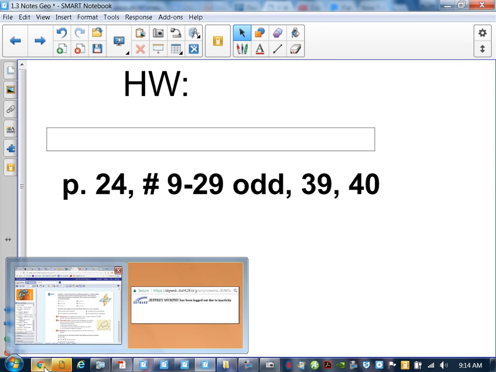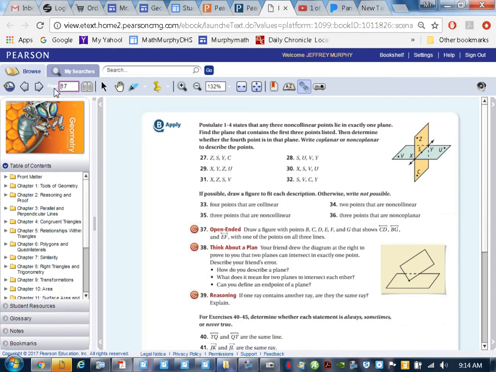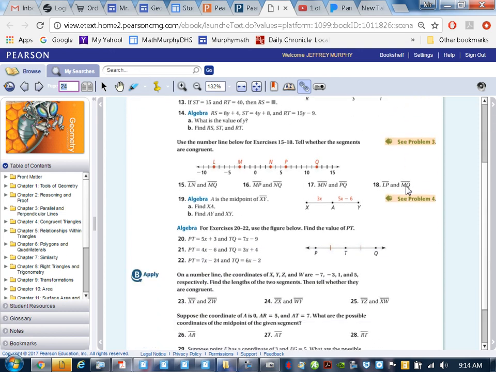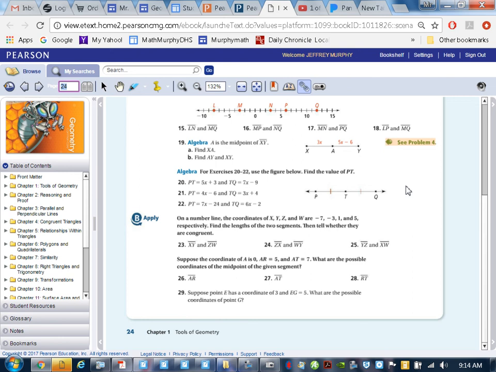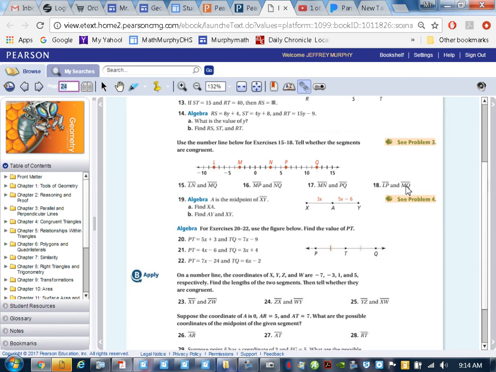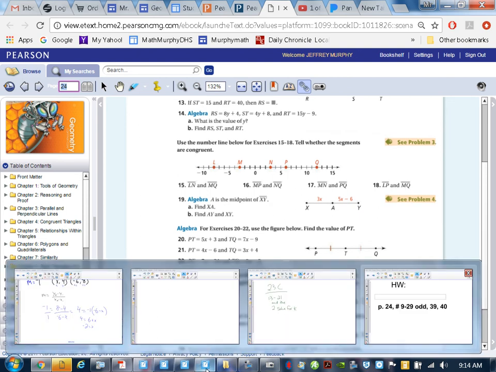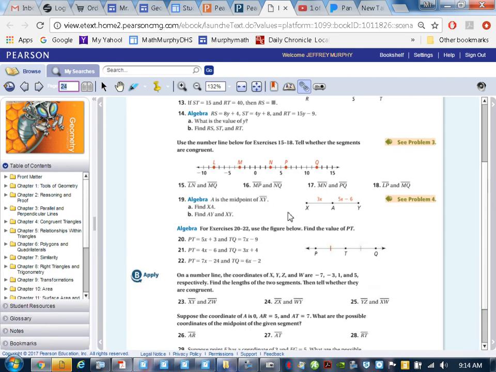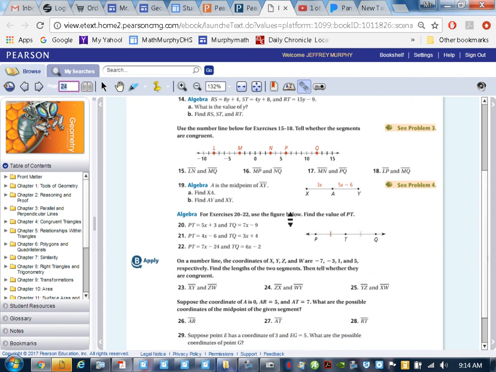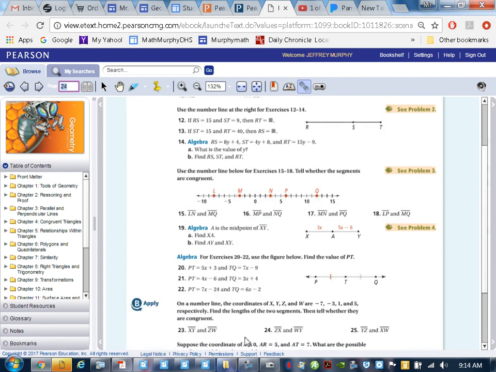Now, let me look at the book here real quick. All right.